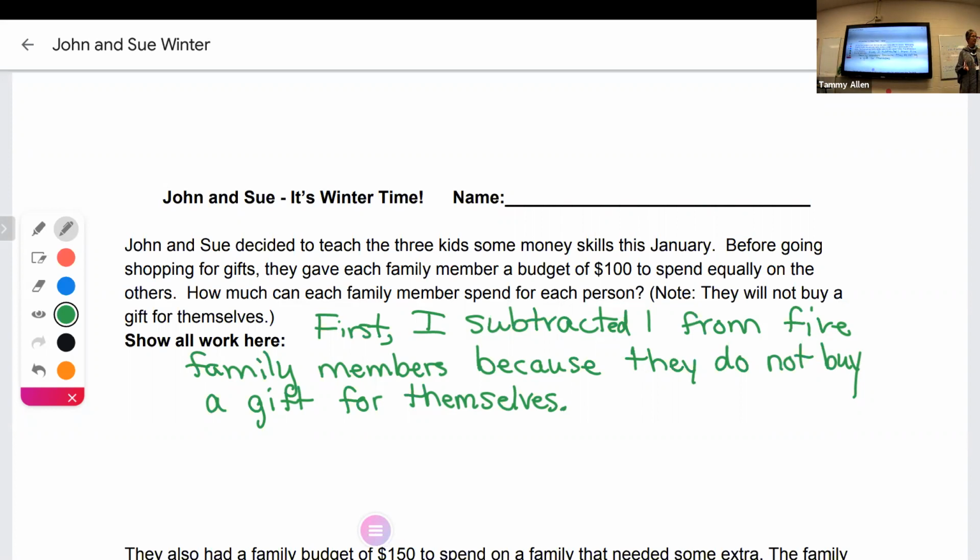Now, I can tell my reader then, this left me with 4 gifts to buy. Does that make sense? Okay.